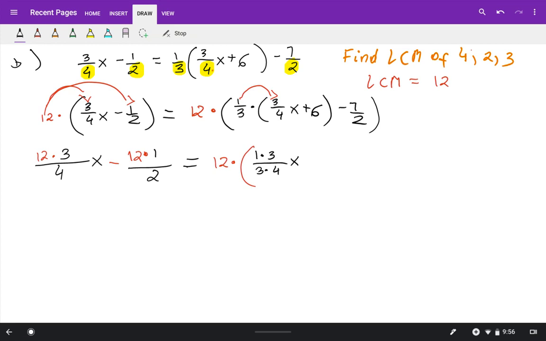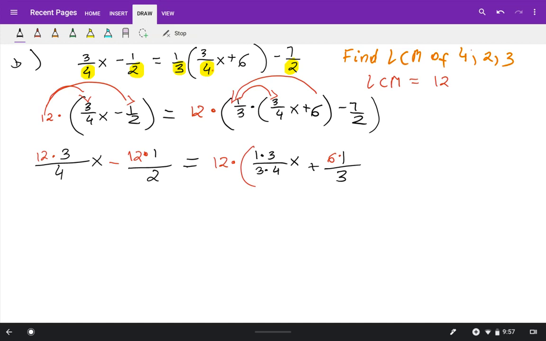Okay? Plus, and then you have 1/3 times 6, which is the same as 6 times 1/3. So you're going to multiply 6 by 1 and copy the denominator, because here we have a number multiplied by a fraction.